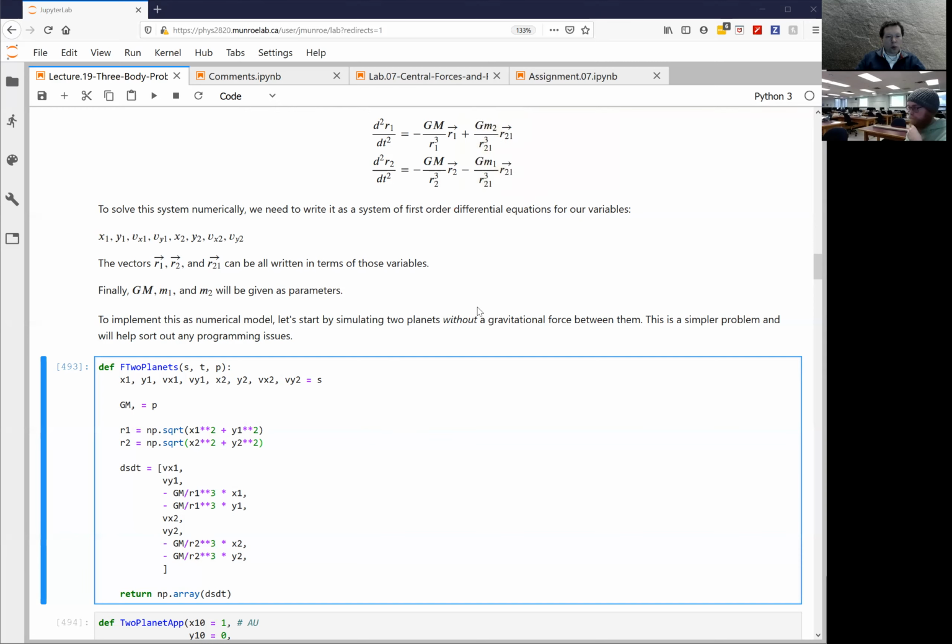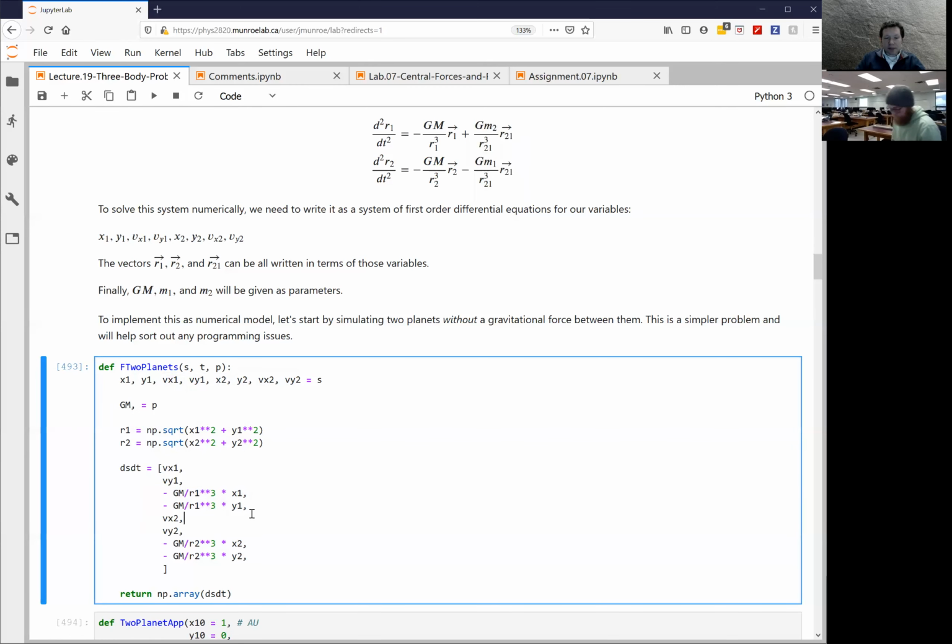Okay, so what would that mean? Well, I need to return the derivative of x1, the derivative of y1, the derivatives of the velocities, and then the same thing for particle 2, or planet 2. The derivatives of x and y are just the velocities, and the derivatives of the velocities are the accelerations given by the system of equations.